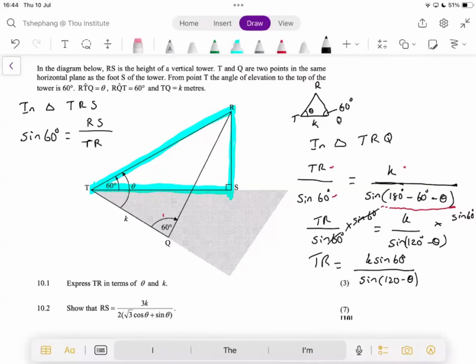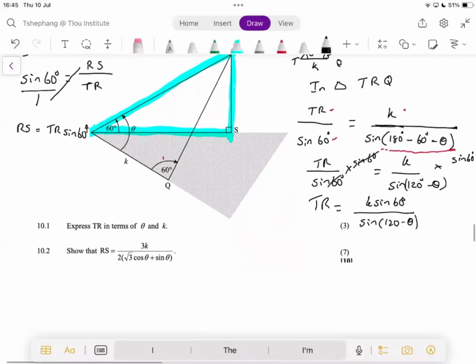Hope everyone is with me there. Then this is over 1, remember. Cross multiply. The RS is going to multiply with the 1, and then the TR is going to multiply with sine of 60. Now check something. We said that RS is equal to TR sine of 60.